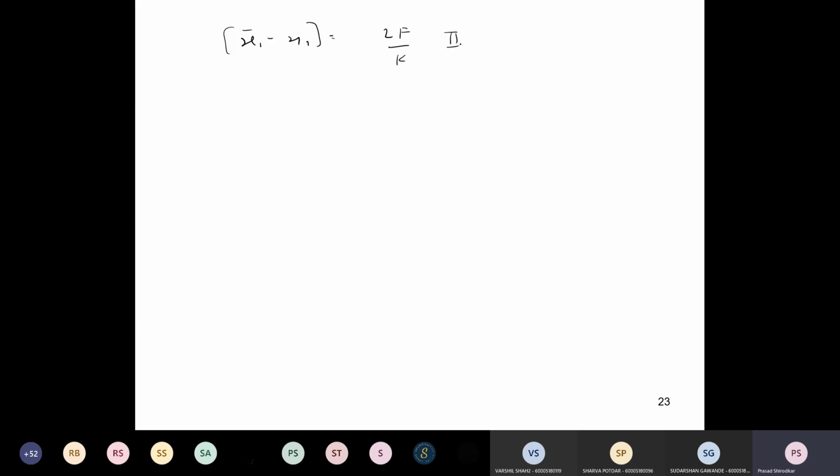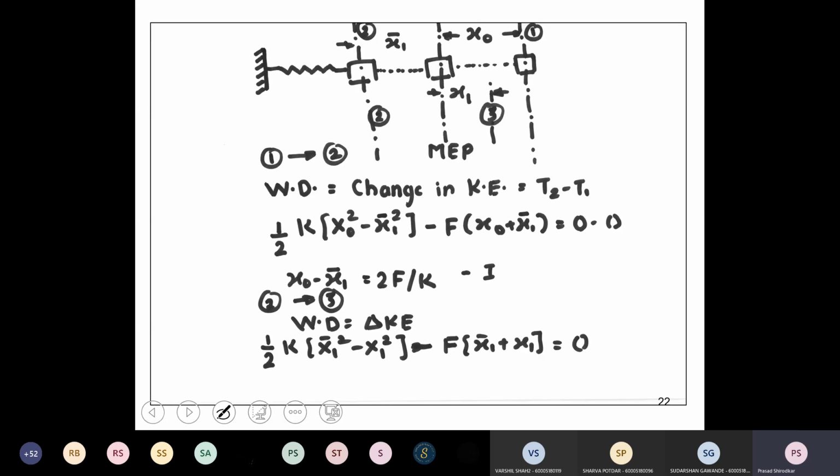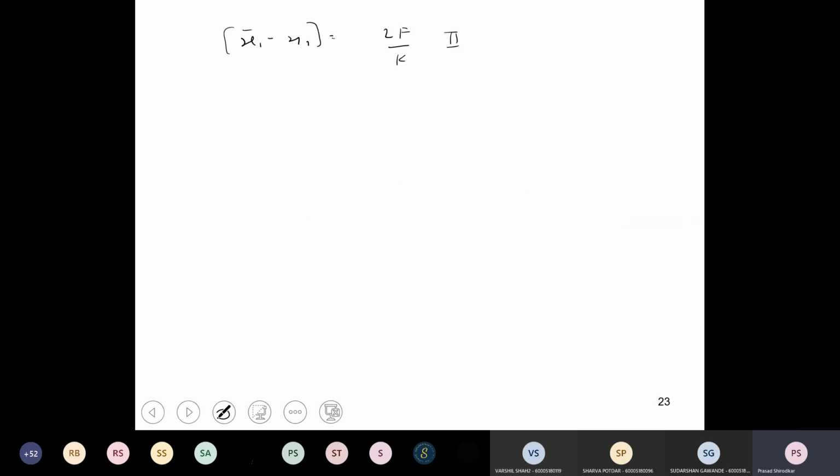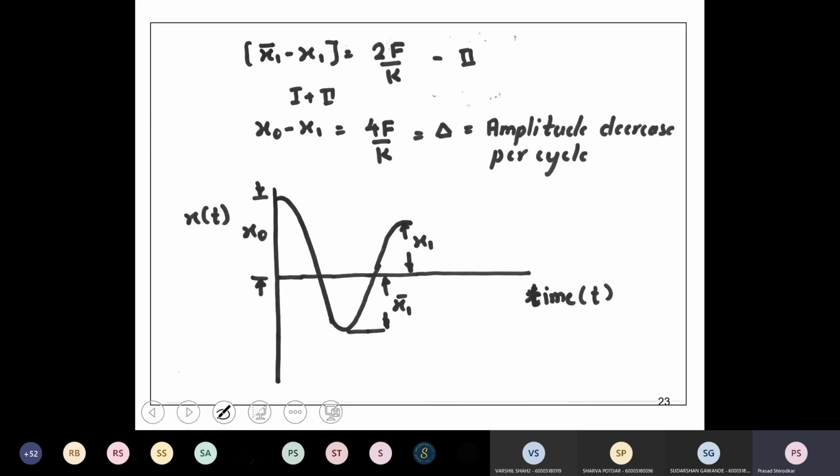Now I have two equations. Equation 1 is x0 minus x1 bar is equal to 2F by K, and x1 bar minus x1 is equal to 2F by K. Adding 1 and 2, I get x0 minus x1 is equal to 4F by K. That is the decrease in amplitude per cycle.